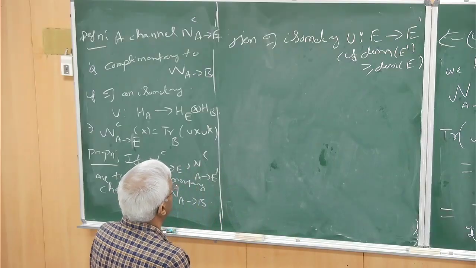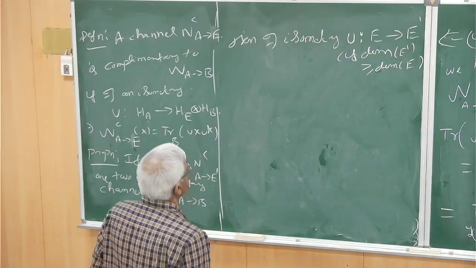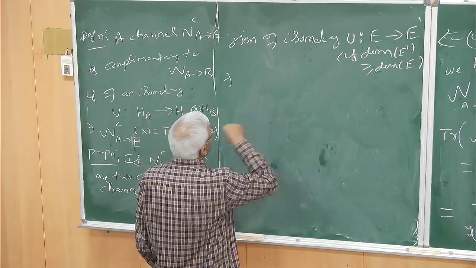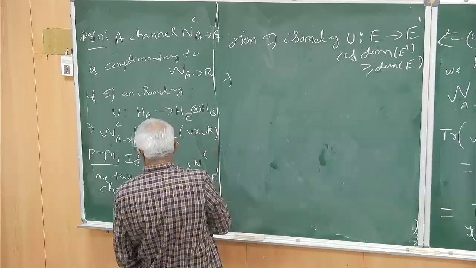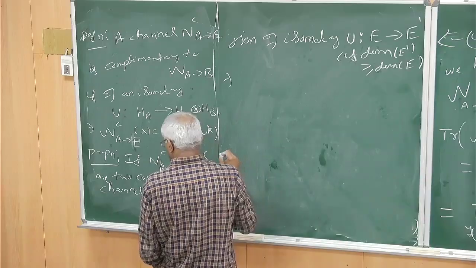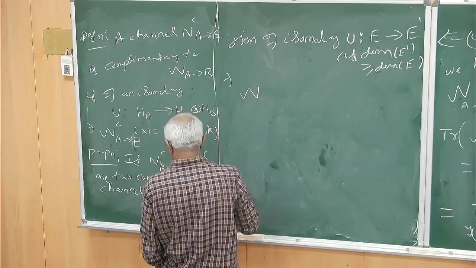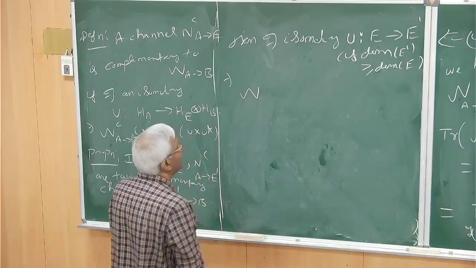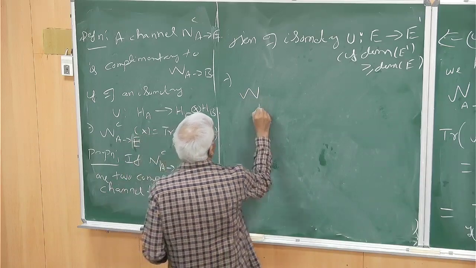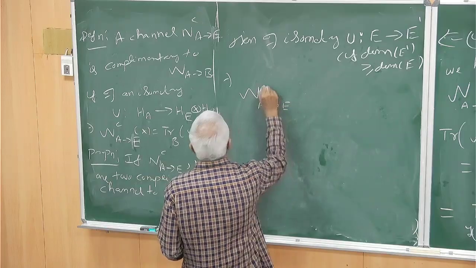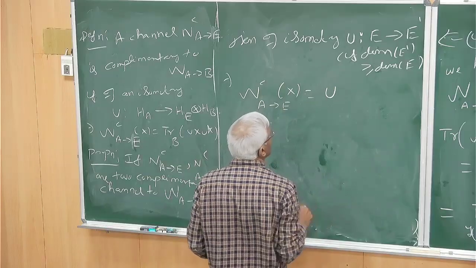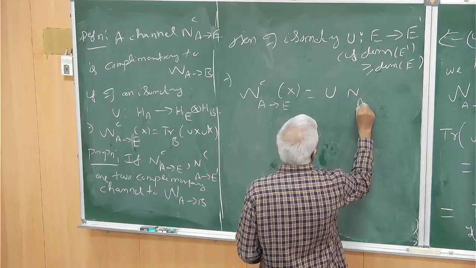There is an isometry between E and E prime such that, taking the isometric channel, we want to get N from A to E, and the complement of X is equal to U applied to N from A to E prime.